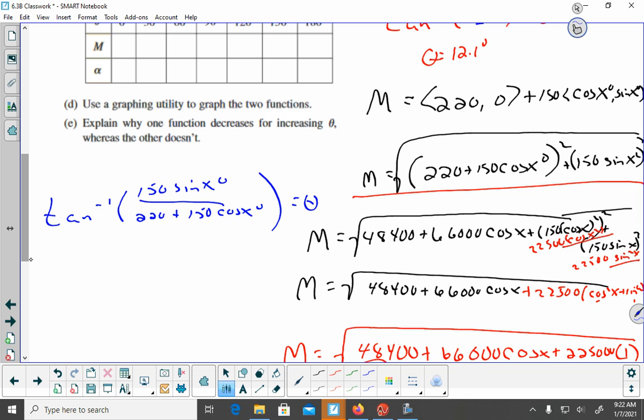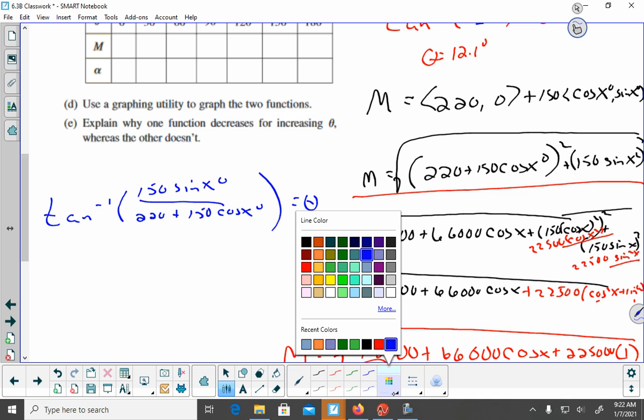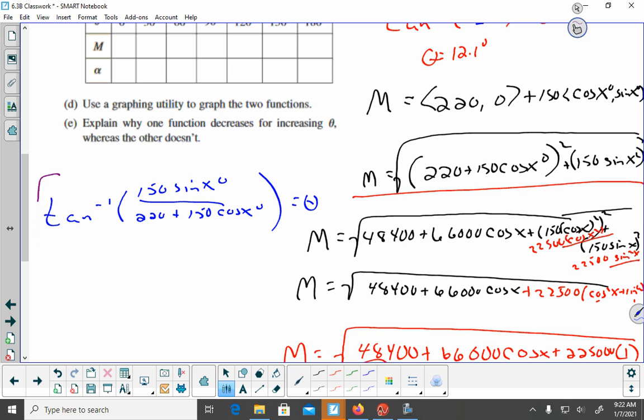I can just take every decimal that I get and convert it, or I can skip that step and take this whole thing, which is going to give me radians, but I want degrees. So I'm going to multiply whatever that answer is by 180 over pi. Then it'll give me my answer in degrees without having to go back and convert all those decimals. So I'm going to type that in.